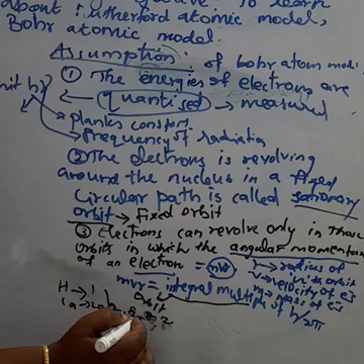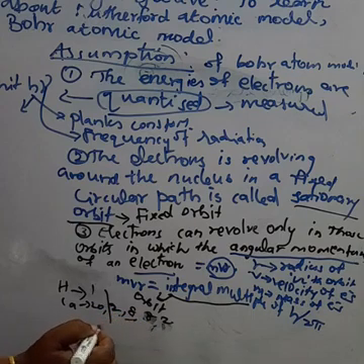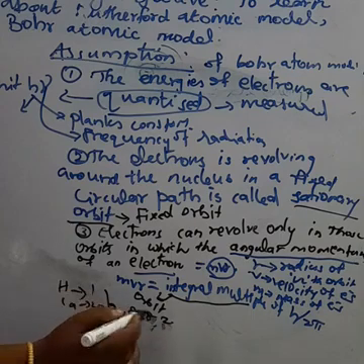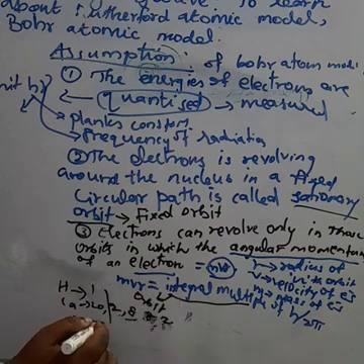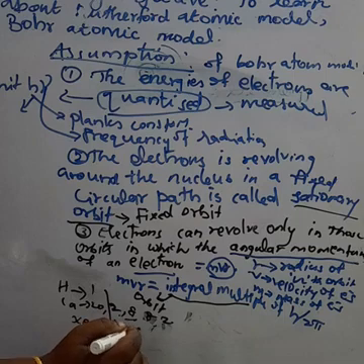So as atomic number increases, the number of orbits also increases. In the case of xenon, 54, you know how electrons are filling: 2, 8, 18, 18, 8. How many orbits are there? 1, 2, 3, 4, 5 orbits.